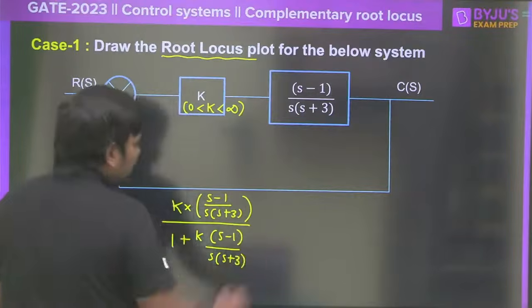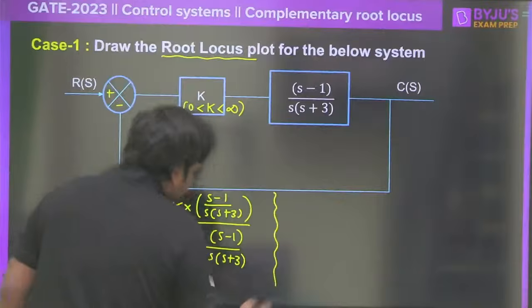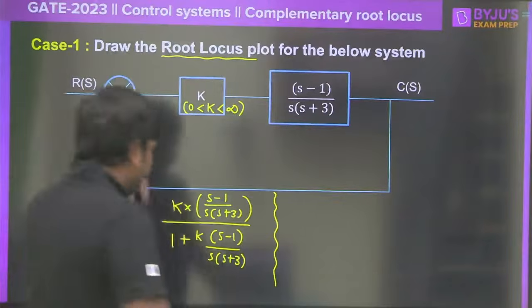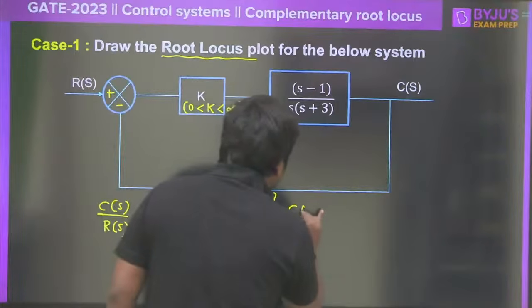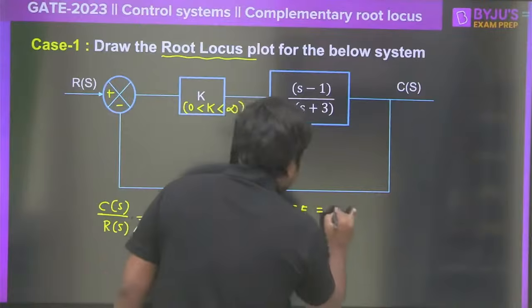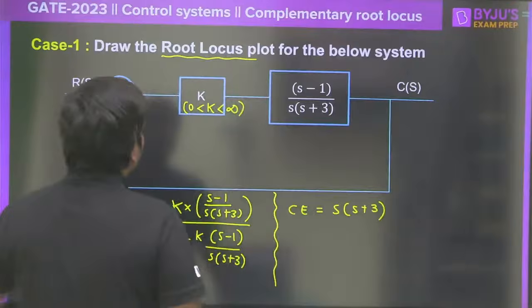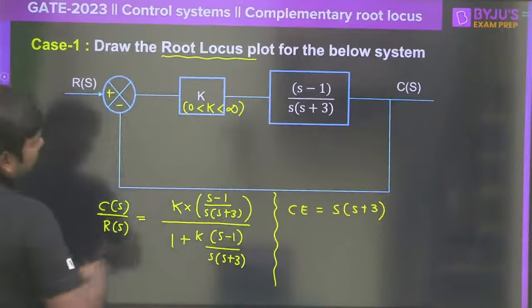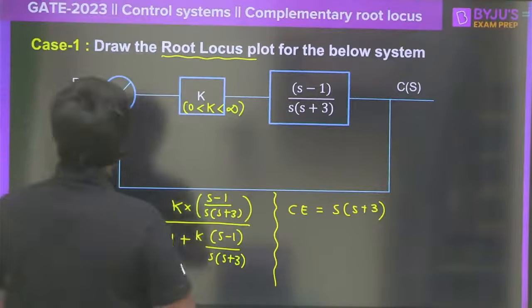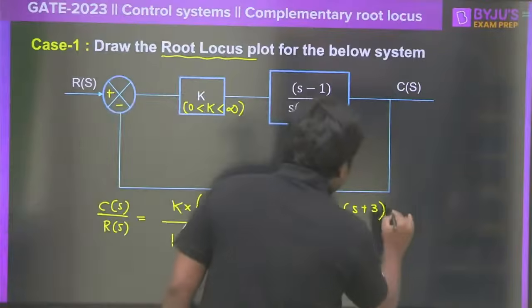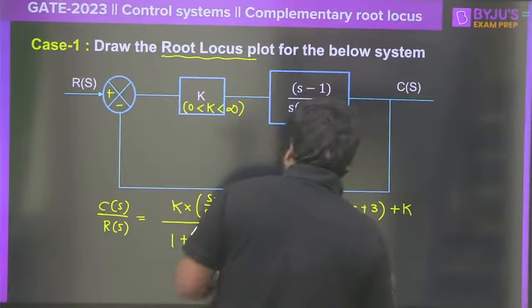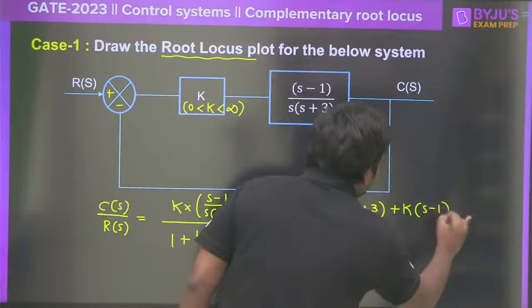So now what would be the characteristic equation from here? Usually the denominator would be considered as the characteristic equation, right? So let me write down the characteristic equation here as s into s plus 3 plus k into s minus 1, that is equal to 0.